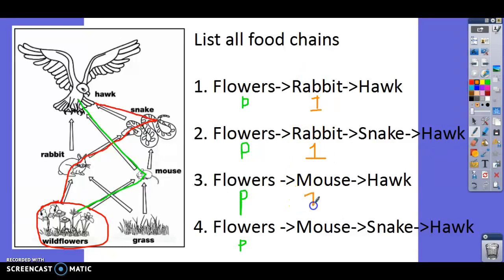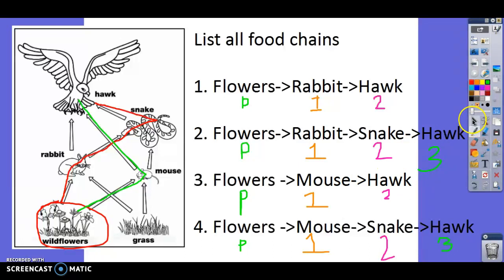Over here, it's the mouse. Now, the secondary consumer: the hawk is the secondary consumer here because it's eating the rabbit. So we're just going to go ahead and label these until we get all the way to the end: primary consumer, secondary, and tertiary.